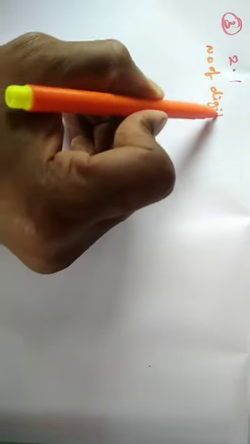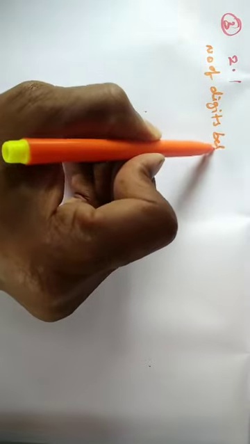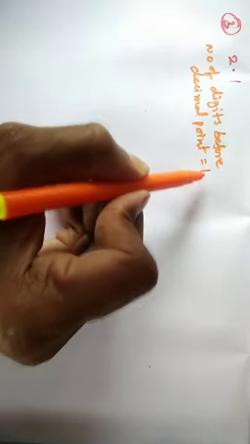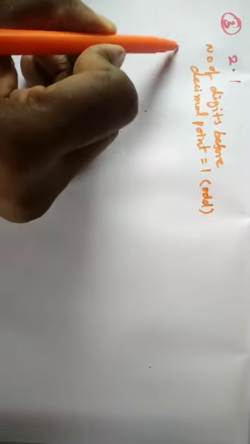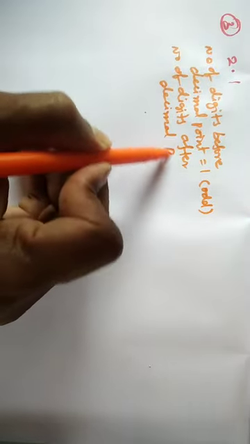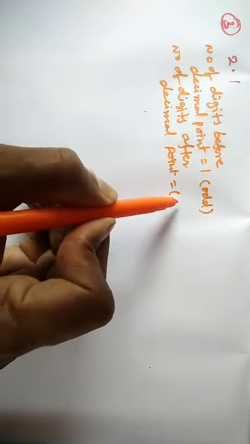This third one. The given number is 2.1. Now to find the square root of 2.1, here the number of digits before the decimal point is equal to 1, and the number of digits after the decimal point is 1.